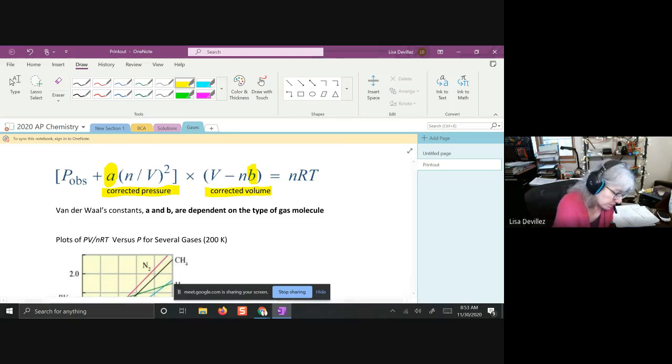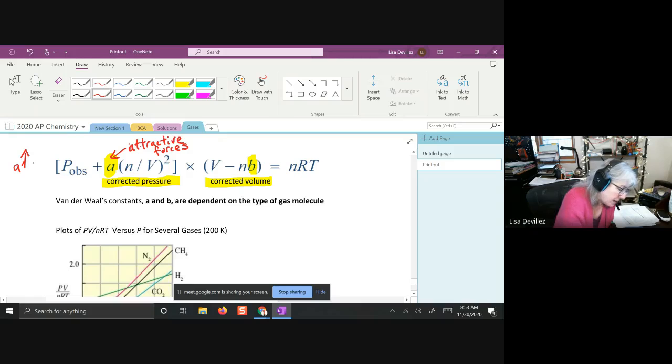And so the key thing to know about this is that A has to do with the attractive forces between the particles. And so a larger A means stronger forces.